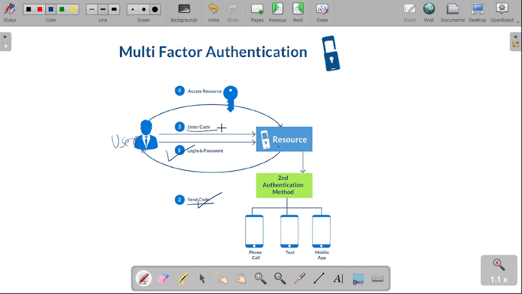When the user enters that code while trying to access the resources, access will be provided by the system. In the second authentication method, the OTP can be sent to their phone call, text, or through the mobile app. So this is regarding multi-factor authentication.